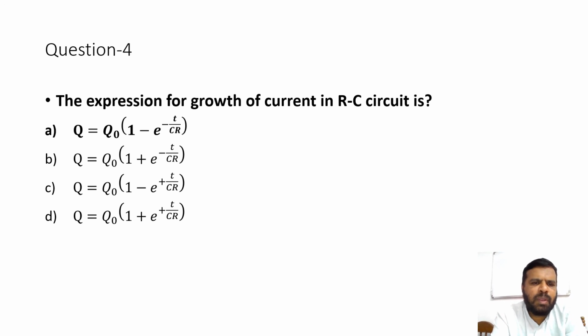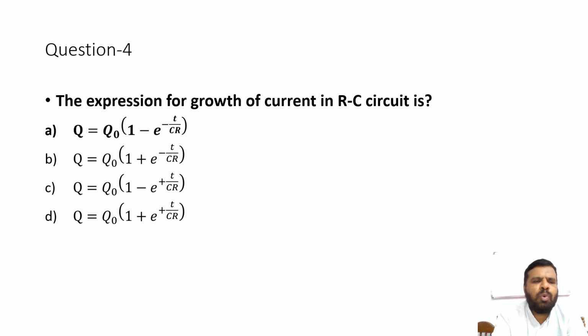Question number 4. The expression for growth of charge in RC circuit is option A, q is equal to q₀ into bracket 1 minus e raised to minus t divided by CR. Option B, q is equal to q₀ into bracket 1 plus e raised to minus t divided by CR.